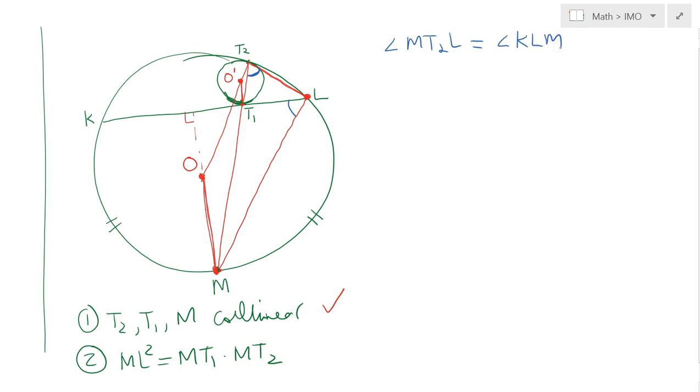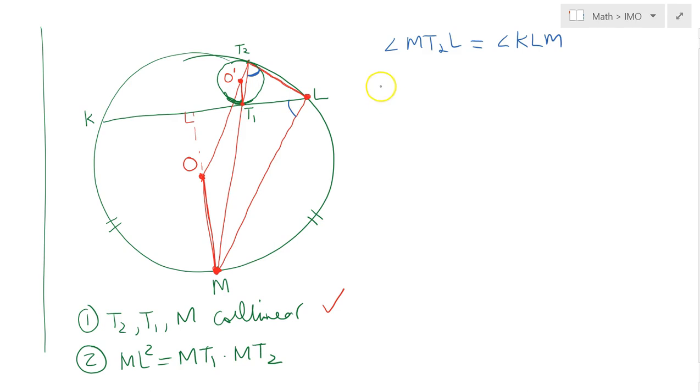Can you see why? Yeah, the result is obvious because angle MT2L subtends arc ML, and the other angle KLM subtends arc KM. But from the first part, we know that these two arcs have equal measurement. As a result, these two angles should measure the same.